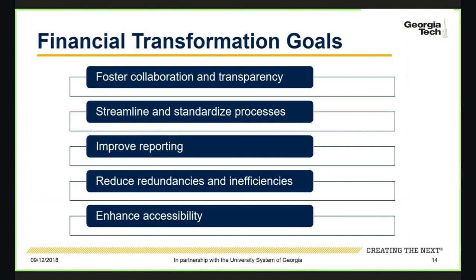And we want to enhance accessibility. Everybody should be able to access what they need to do their jobs, and our hope is that Workday will bring this type of accessibility to you. There is a lot going on here, but it's all very exciting, and it's all going to enable Georgia Tech to really create the next generation as it relates to our systems.